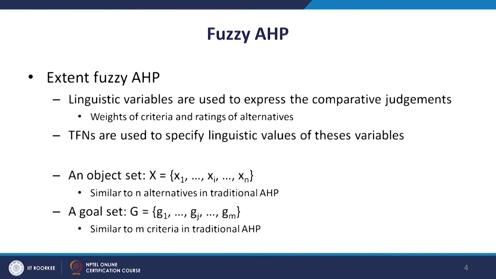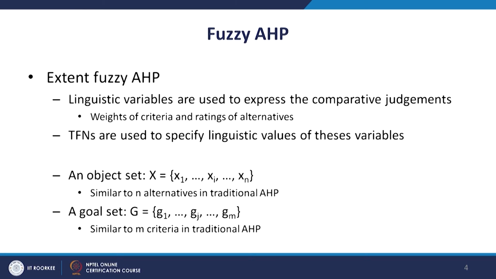Those are the kind of linguistic values that can be used by decision makers to express their preferences, and in the case of AHP, to indicate their pairwise comparisons. So weights of criteria and ratings of alternatives can be indicated using these linguistic variables.